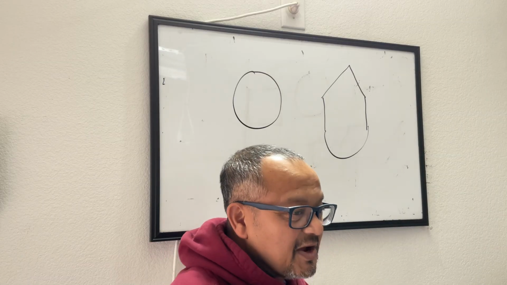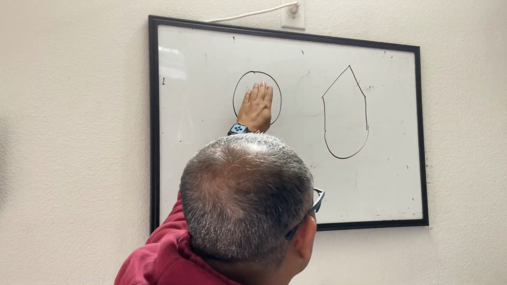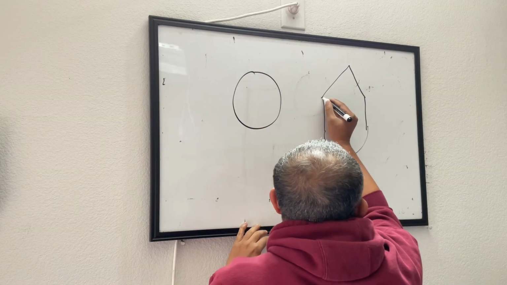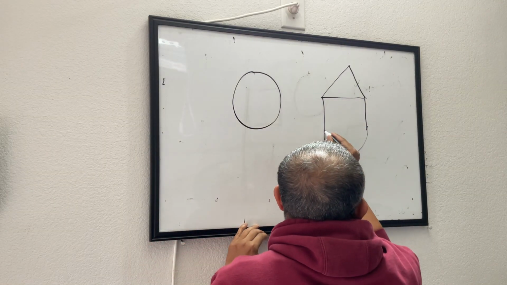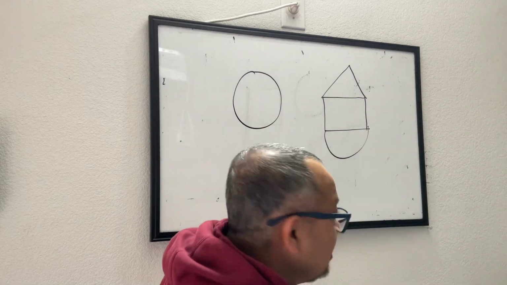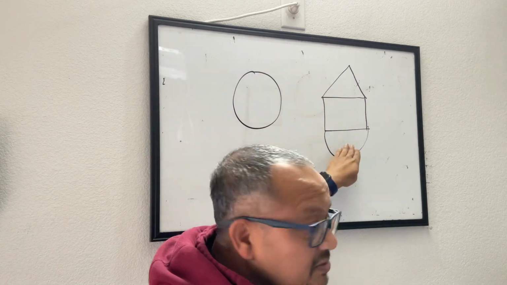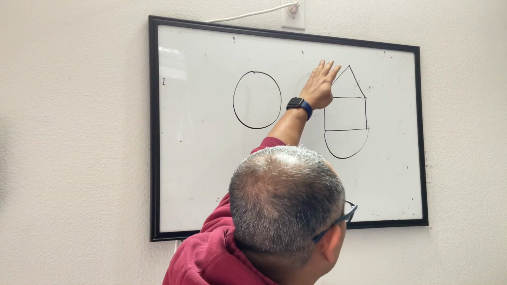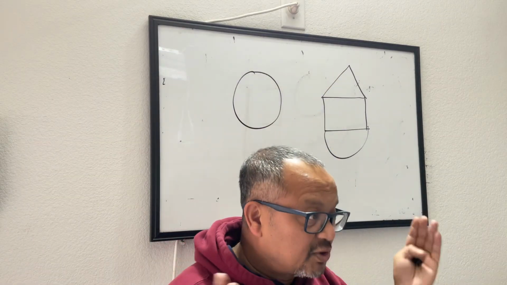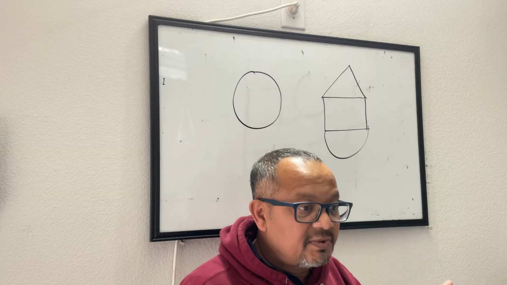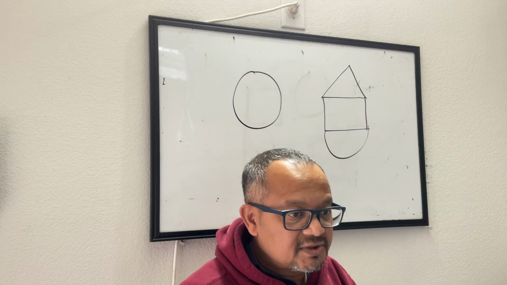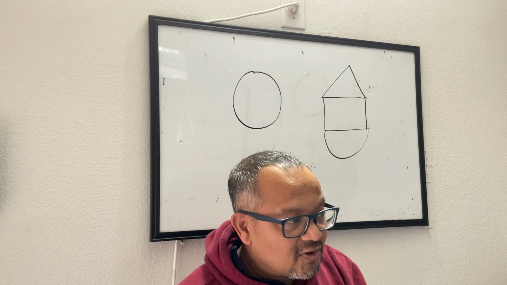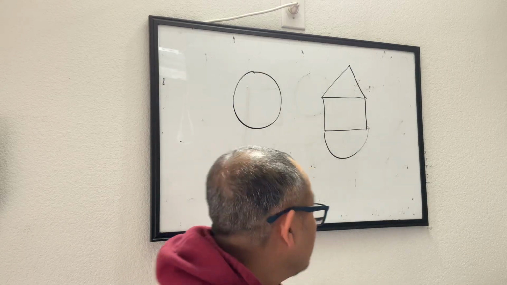But this is a simple shape. This is a composite shape because it is coming by combining 2-3 shapes: a triangle, a rectangle, and a semicircle. When you have multiple simple shapes put together to make a new shape, those are called composite shapes.